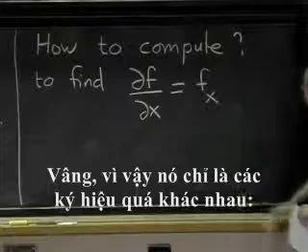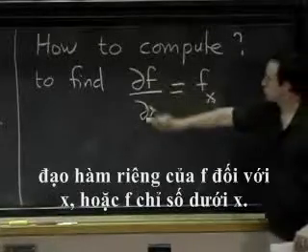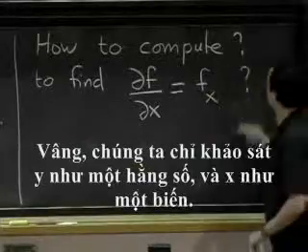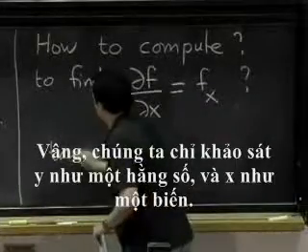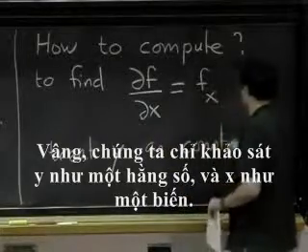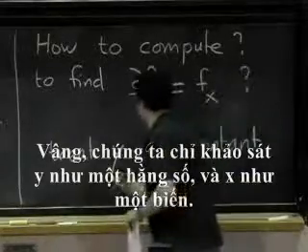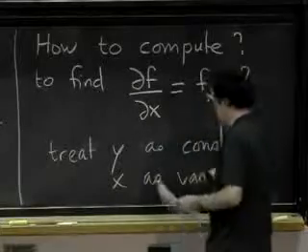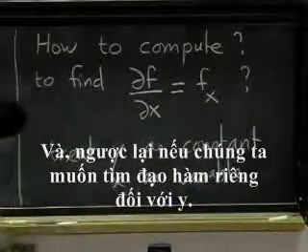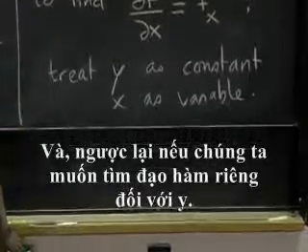So there are two different notations, partial f partial x, or f subscript x, and they're the same thing. Well, we just treat y as a constant and x as variable, and vice versa if we want to find the partial with respect to y.